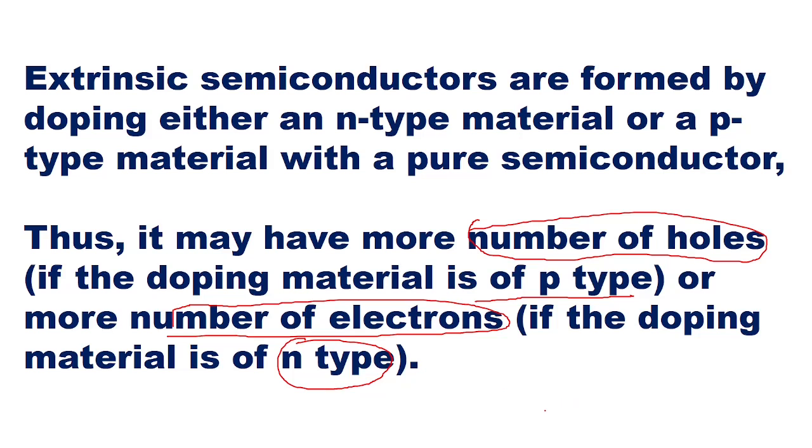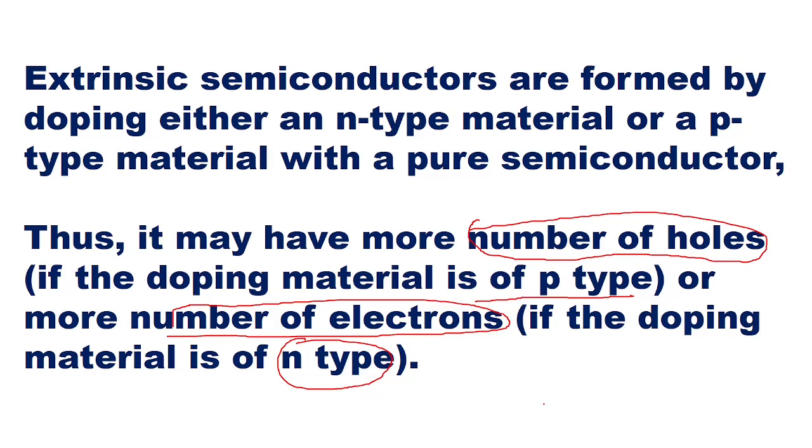Therefore, in an extrinsic semiconductor, either there are a large number of holes if it is p-type, or a large number of electrons if it is n-type. That means either holes will be more or free electrons will be more. Both will not be the same.